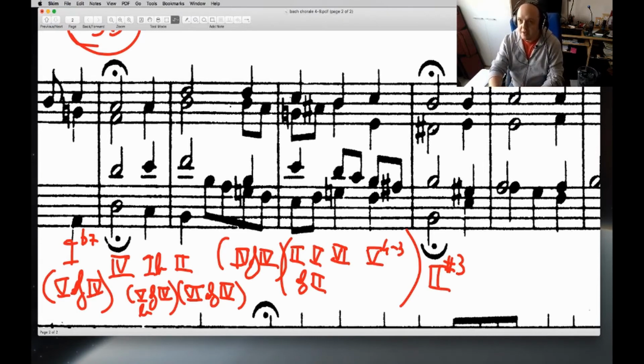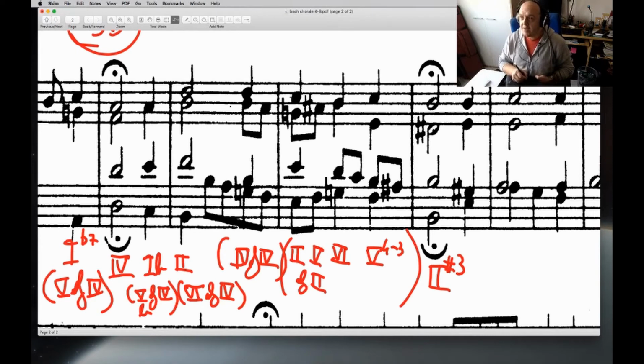Naturally, that's coming from the D in the previous phrase. That's what you're expecting. That's what you get. So there's no F sharp. So that sounds like a tierce de Picardie. I'm going to analyze that as 2 with a raised third.